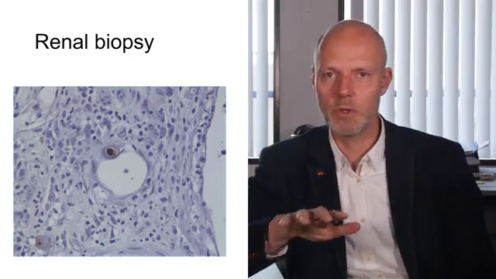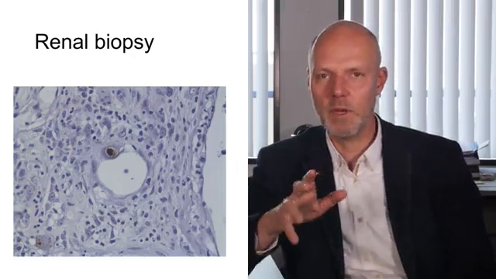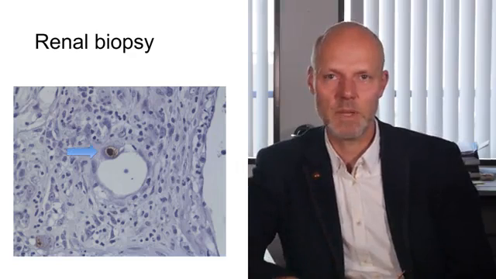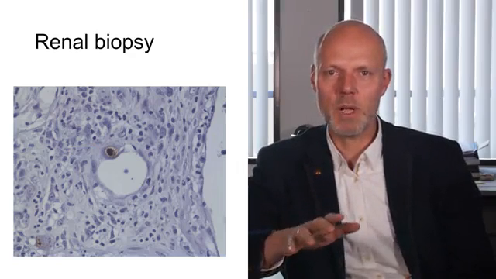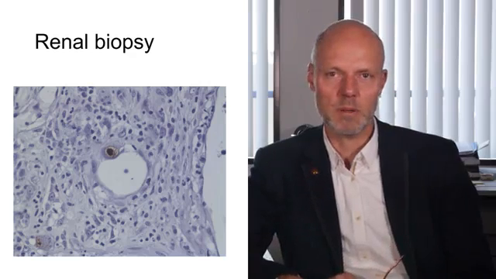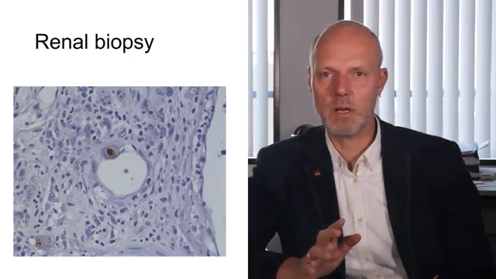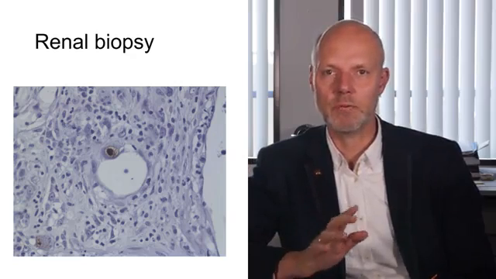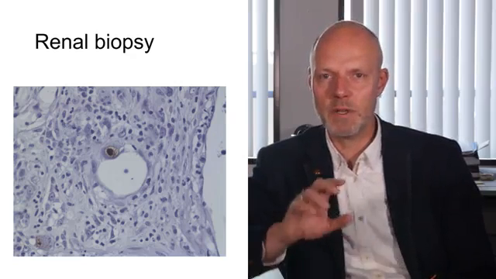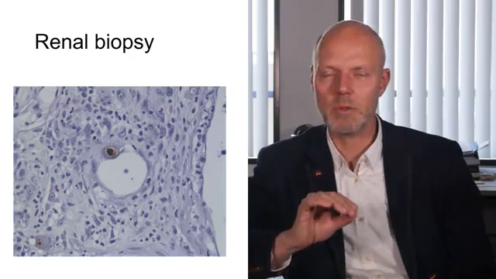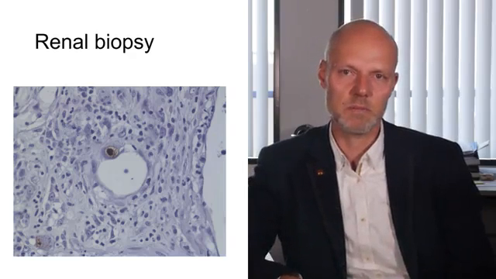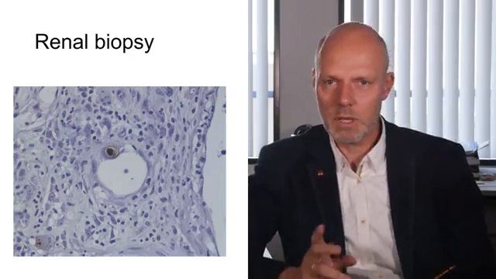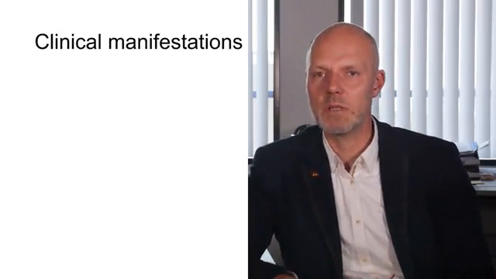The typical intranuclear inclusions of CMV have the appearance of owl's eyes. CMV affects the transplanted organ far more frequently. Possibly because of the MHC class mismatch between donor and recipient, virus-specific cytotoxic T cells are less able to eliminate virally infected cells.